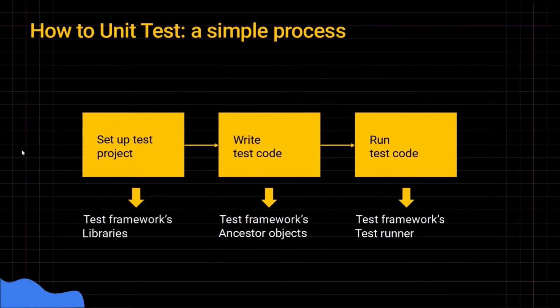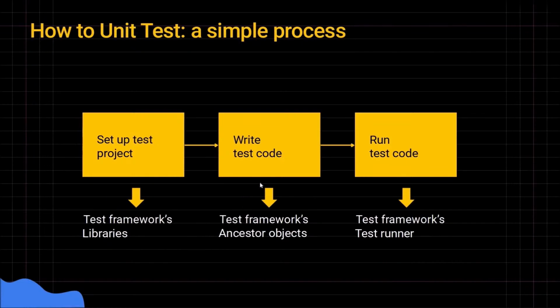So how do we do unit testing? Here is a simple process made of 3 steps. To start, we have to set up a testing project, as writing unit tests is just writing PowerScript code. If we use testing frameworks, we have to include its libraries in the test project, of course.